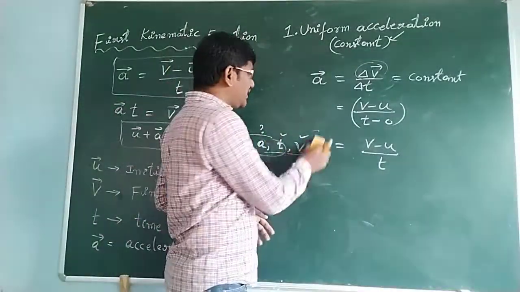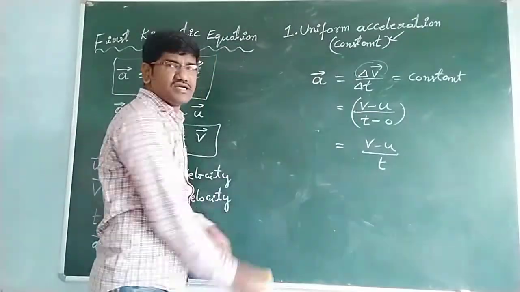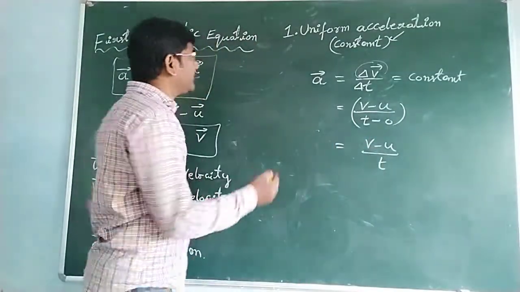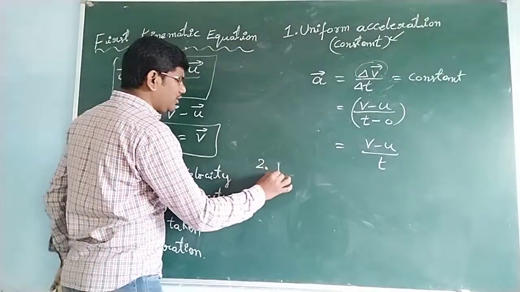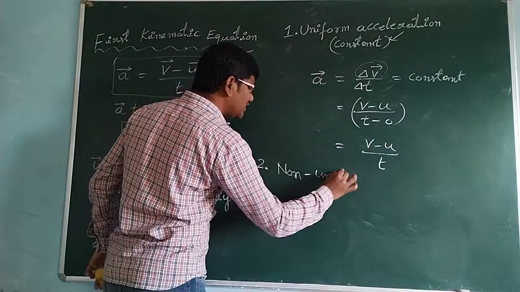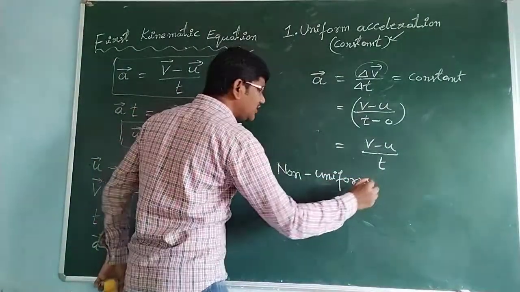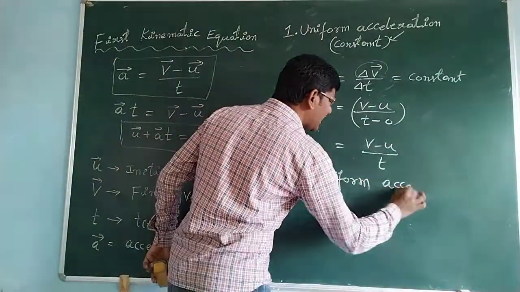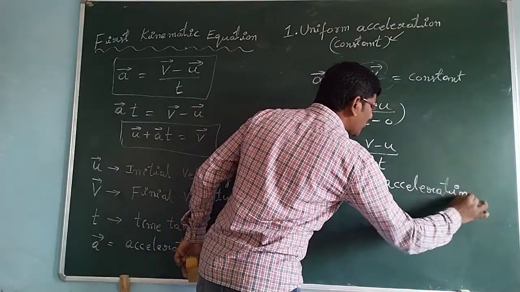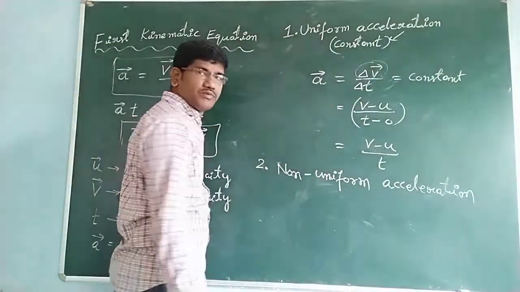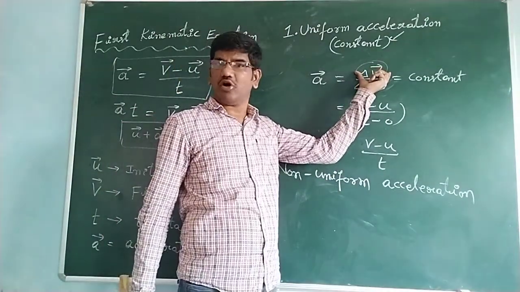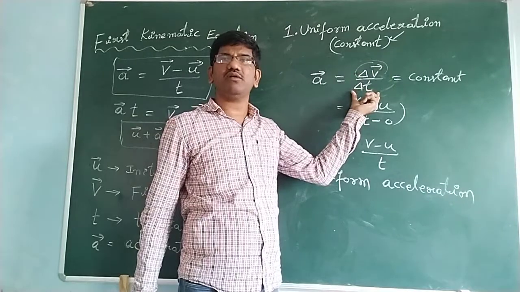Okay students, and non-uniform acceleration. If the changes in velocities are unequal in equal intervals of time, it is non-uniform acceleration. So the next one is what, students? Non-uniform acceleration, or variable acceleration. Unequal changes in velocities are occurring. These changes in velocities are not the same, even though the time intervals are the same.